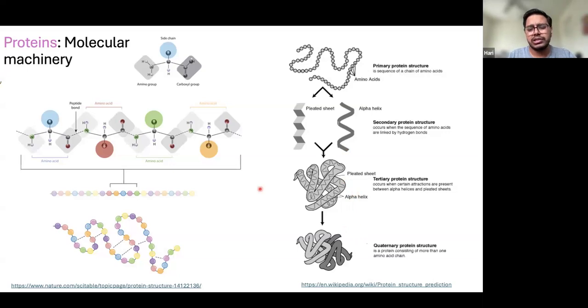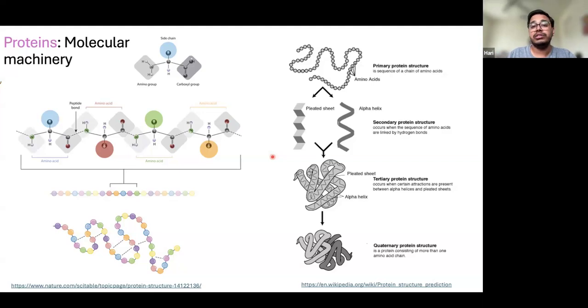So depending on the structure, proteins can have different types of functions. They could just have the function of maintaining structural integrity in the cells, for example proteins such as collagen or keratin, which maintain structural stability.